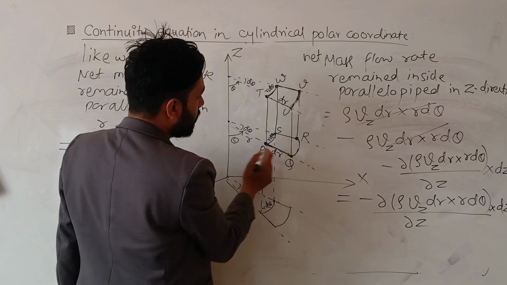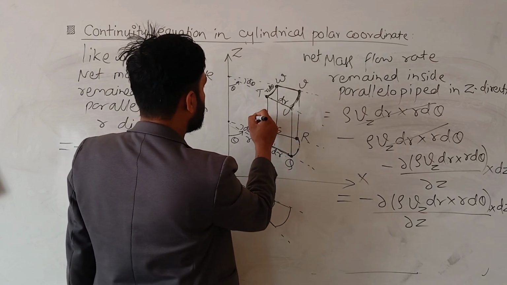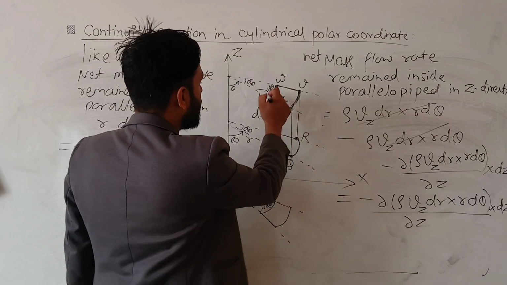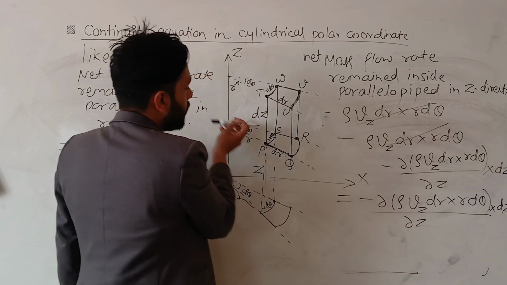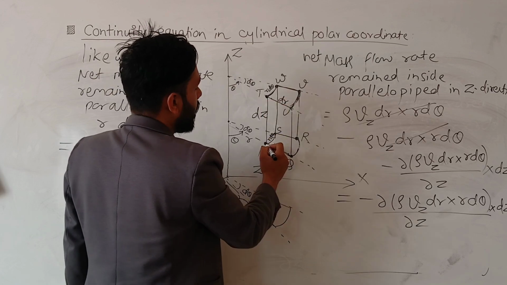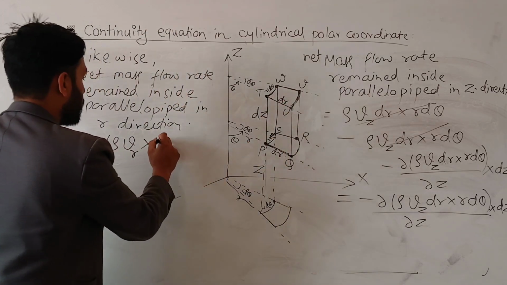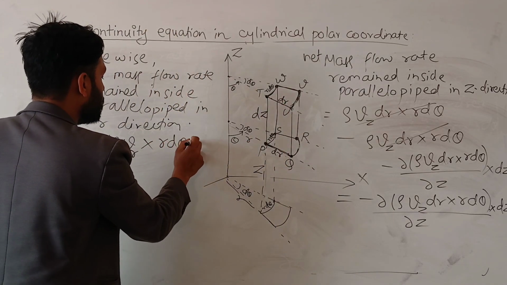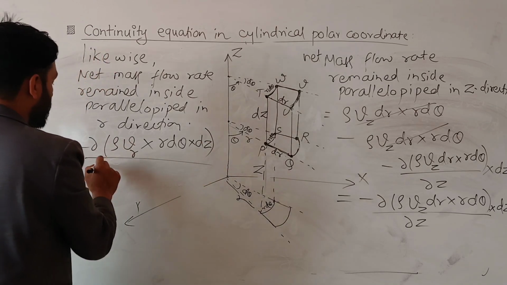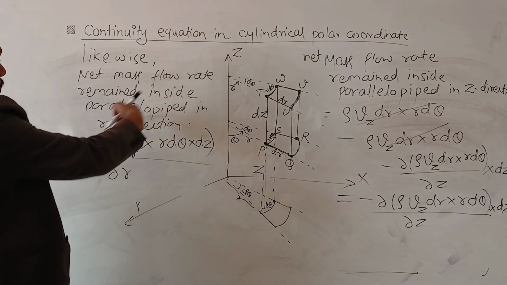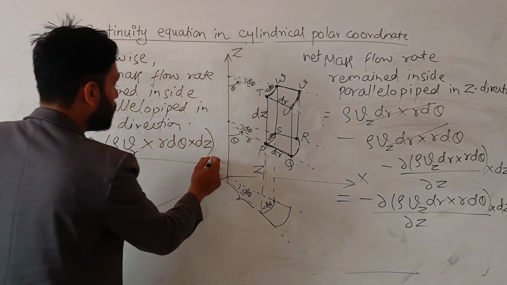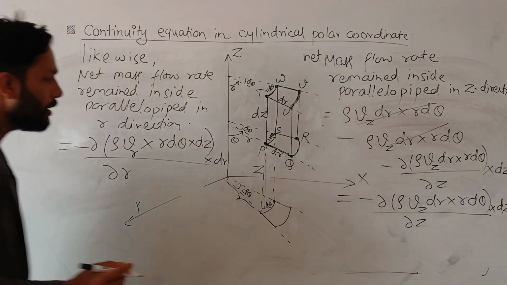Listen, this is dz, this is z into dz, and this is r d theta. So in this radial direction, you must take the perpendicular area, that is r d theta into dz, okay? So r d theta into dz, you have to write like this, divided by del r, because you have been calculating the net mass rate toward the radial direction. So del r into dr, you must do this, okay?